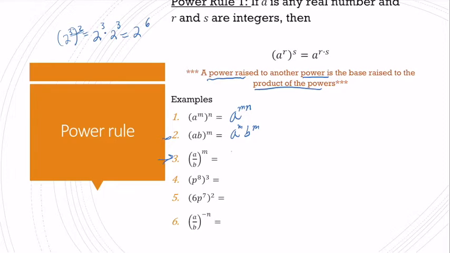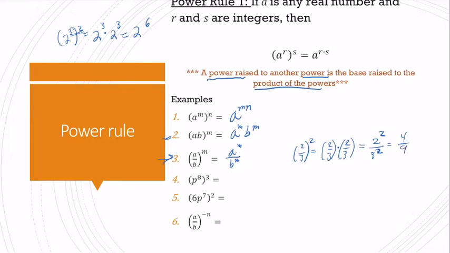That gives me a to the m over b to the m. Now, why does this work? Well, let's say I had 2 thirds squared. That would mean I'd take 2 thirds times 2 thirds, and we would multiply the numerators and multiply the denominators, right? So it does distribute across fractions.